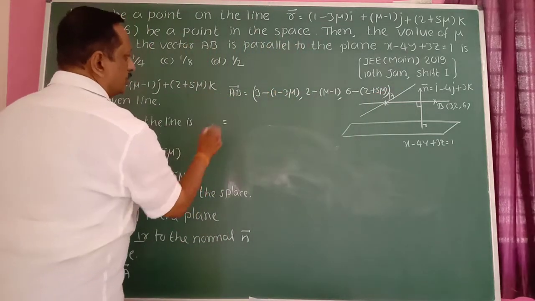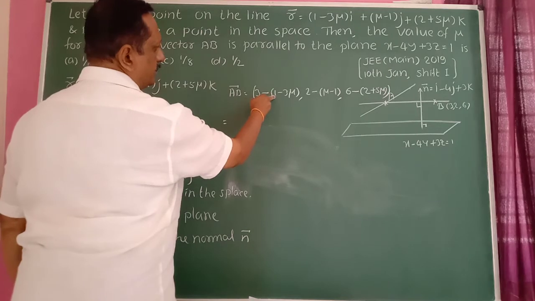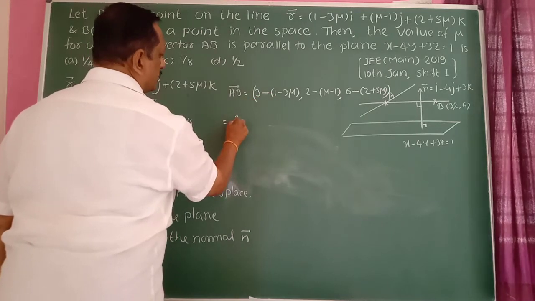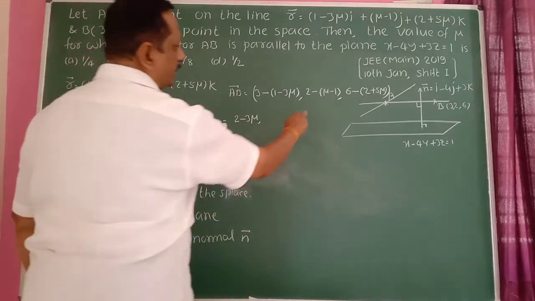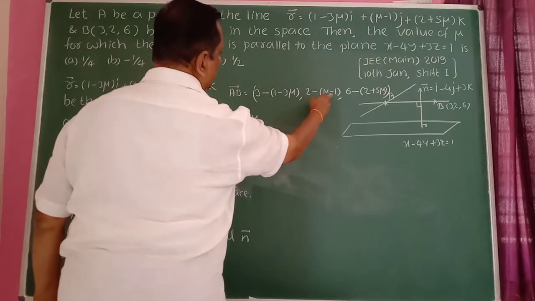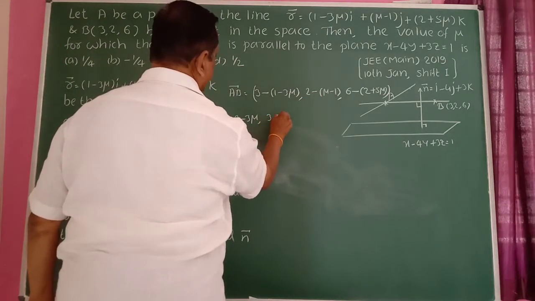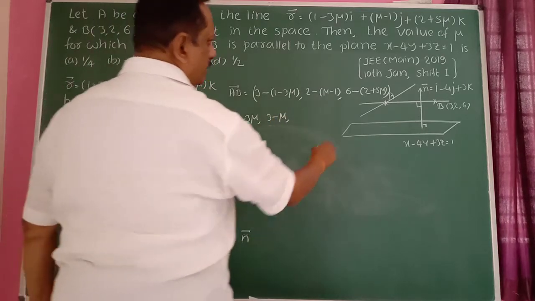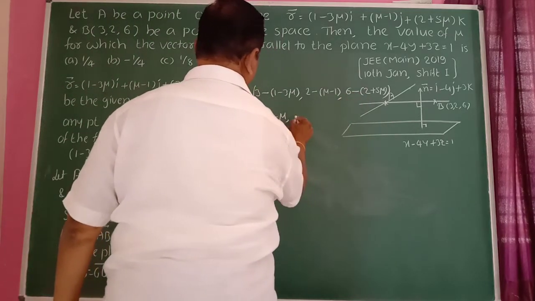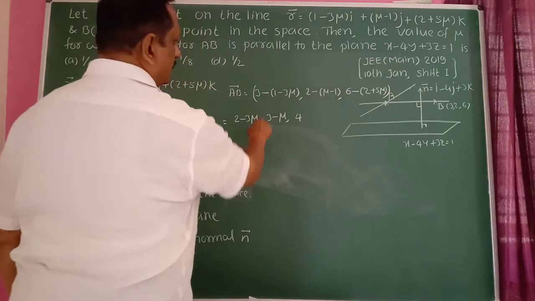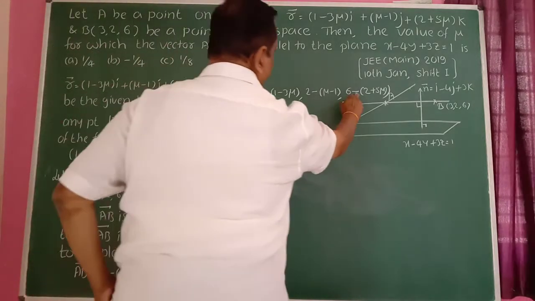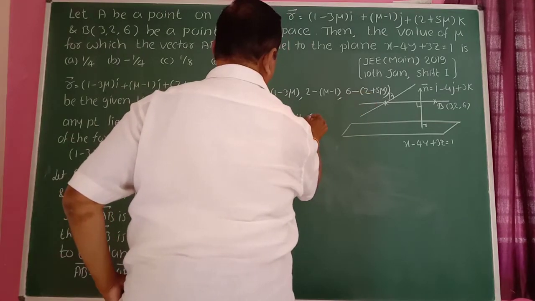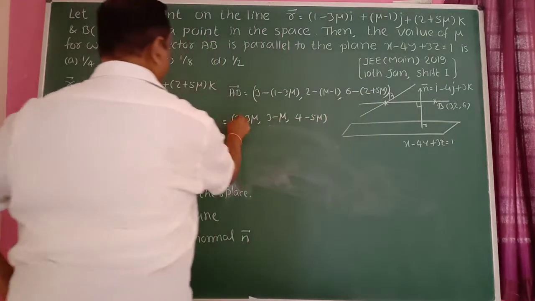This is equal to 3 - 1 becomes 2, so 2 + 3μ; then 2 + 1 becomes 3, so 3 - μ; then 6 - 2 becomes 4, minus into plus is minus 5μ, so 4 - 5μ.